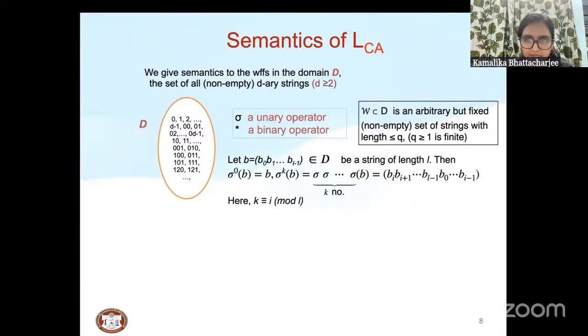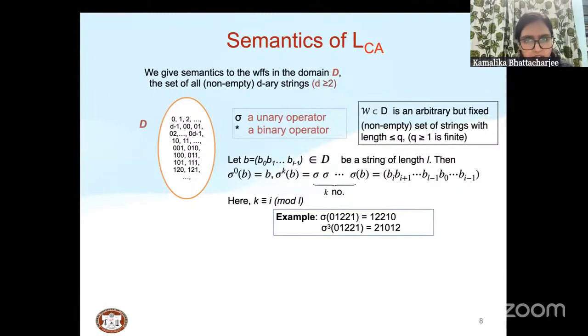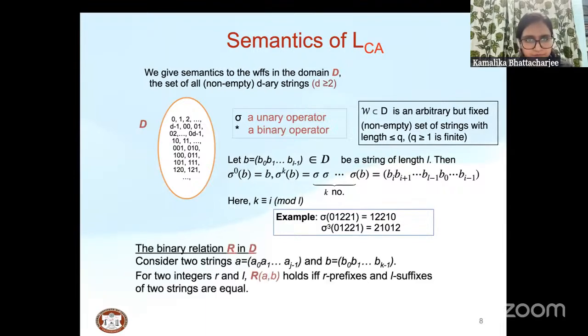So k is related to i as k is equivalent to i mod l. For example, if we take sigma of the string 0, 1, 2, 1, sigma applied only once, it is 1, 2, 1, 0. Similarly, sigma cubed of 0, 1, 2, 1 will be 1, 0, 1, 2.